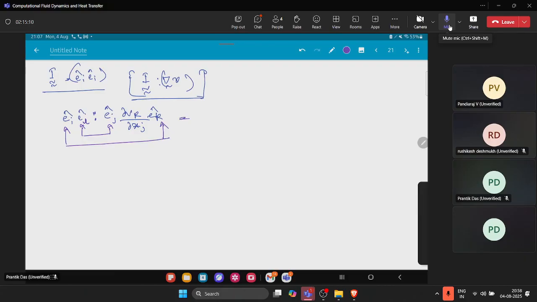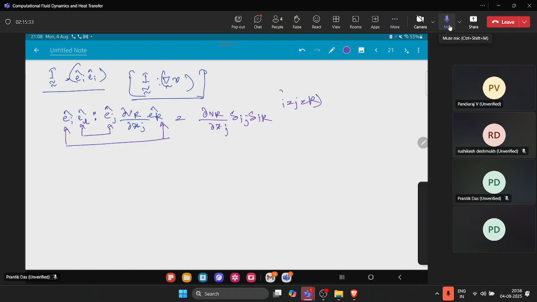So I hope you can do it easily. So this actually reduces to a format which is e_i and e_i. So I can easily write it down as dv_k/dx_j, delta_ij and delta_ik. So i equals j equals k.